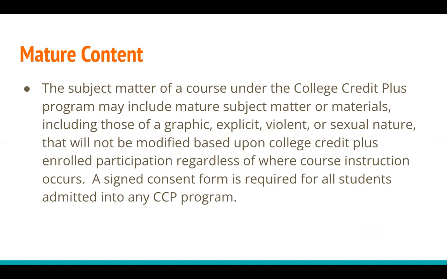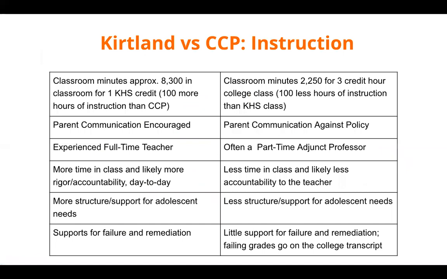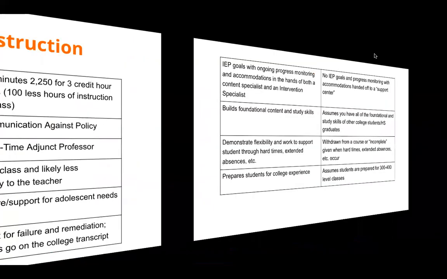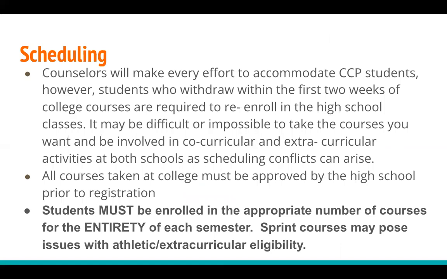So it is very important that you are aware that your students could potentially be exposed to some of that. And there is a new permission slip this year that you have to sign and verify that you understand that your student could come in front of some of that.